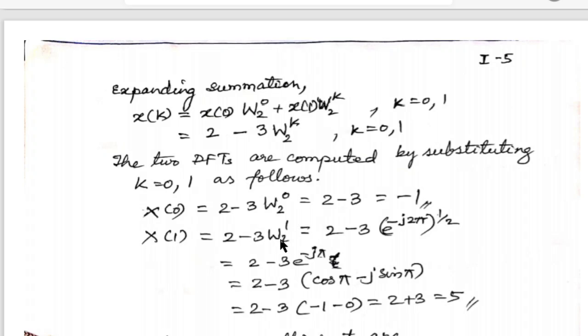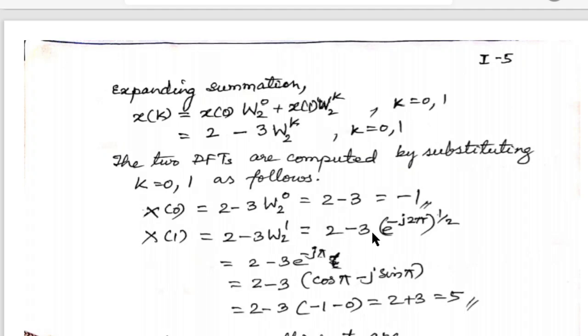So the value of W suffix 2 raised to 1 can be calculated with the exponential notation e raised to minus j 2 pi by capital N. We know that W suffix 2 is e raised to minus j 2 pi by capital N into 1.